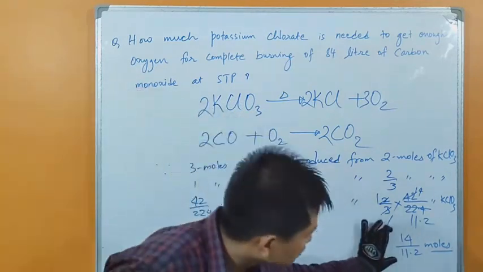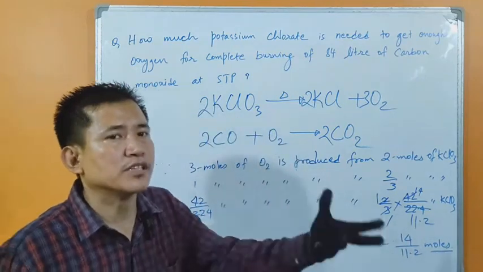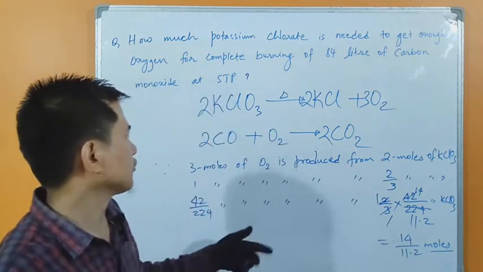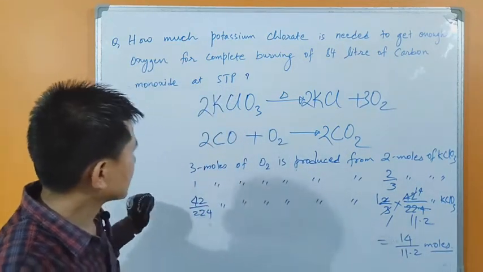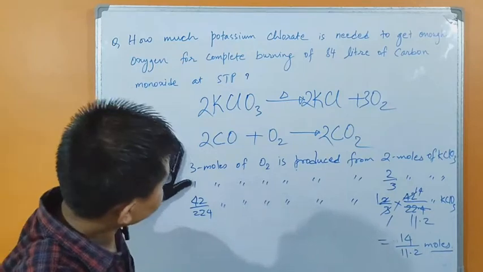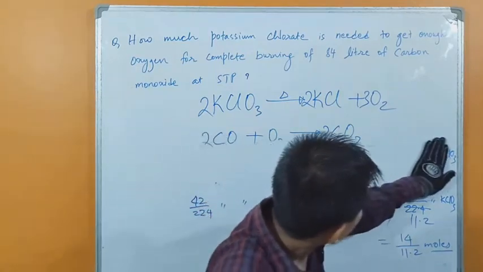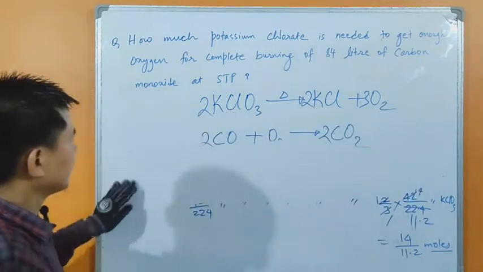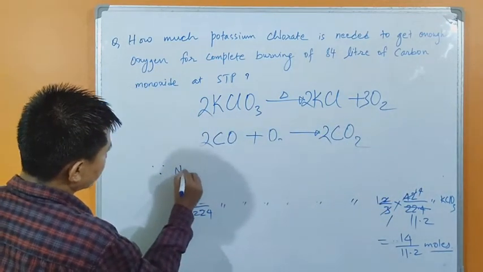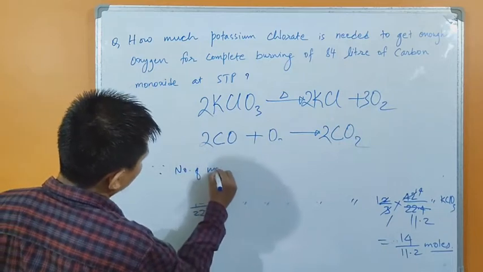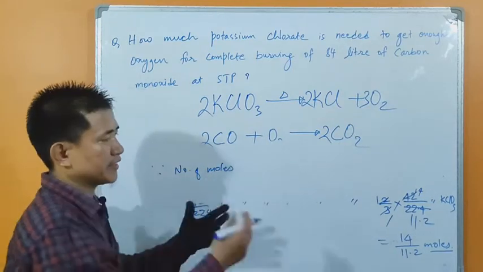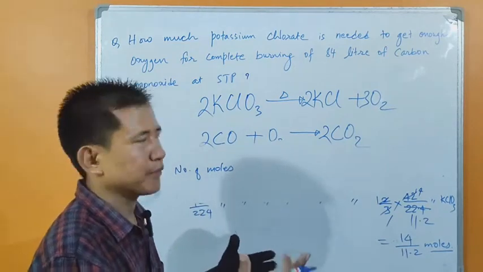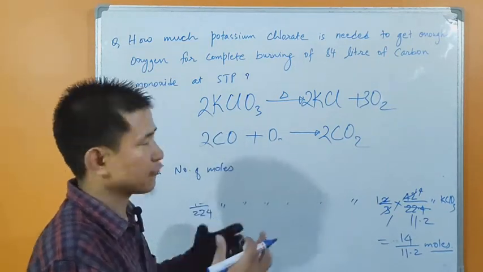Okay. Now this much moles of KClO3 means how much gram of KClO3. We are now going to find the grams of KClO3. Very simple. Let me erase this. Please take the screenshot of this. Now we will find the weight of KClO3. Since number of moles, the same formula, but here in this case we will use the weight formula because we are asked to find the weight, not volume.